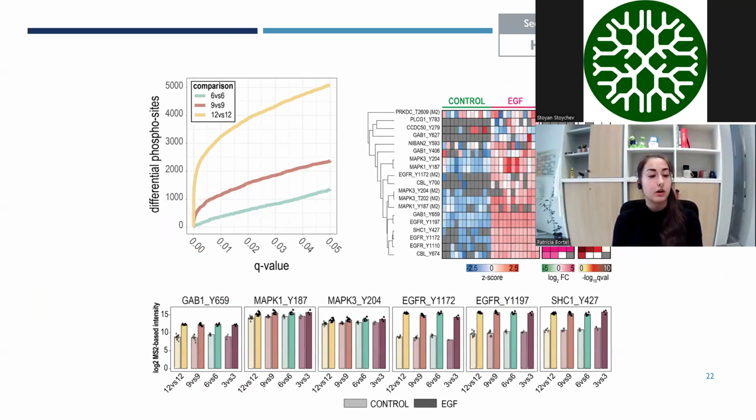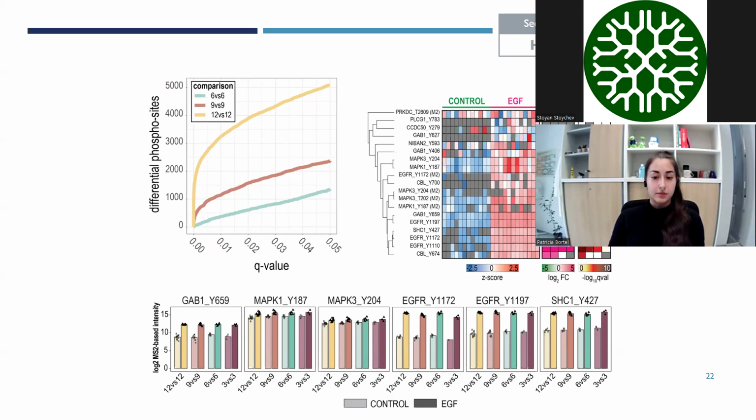And finally, of course, we also wanted to have a look at the EGF treated samples. So here we evaluated the impact of using more replicates for the comparison control versus EGF. And as expected, when you use more replicates, due to the increased statistical power, you will get more significantly differentially regulated phosphosites.